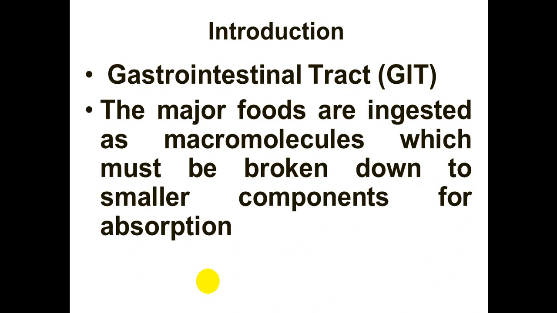Major foods are ingested as large molecules: carbohydrates as starch, lipids as triglycerides, and proteins, which must be broken down to small components such as fatty acids and amino acids for absorption.